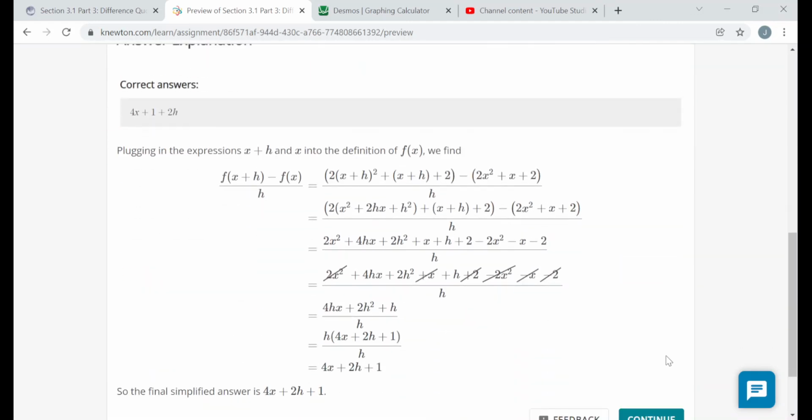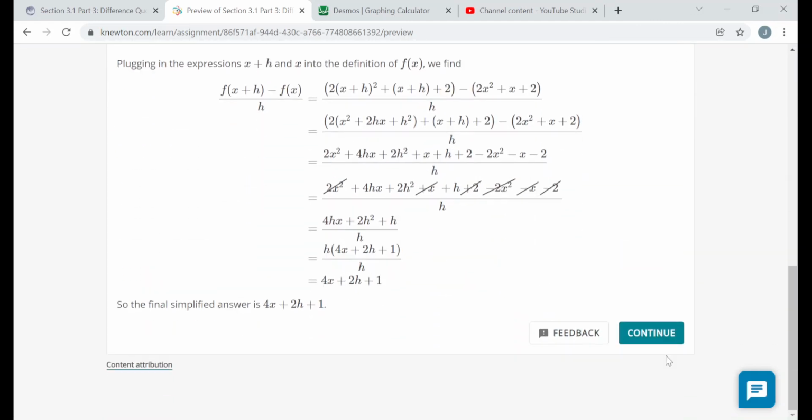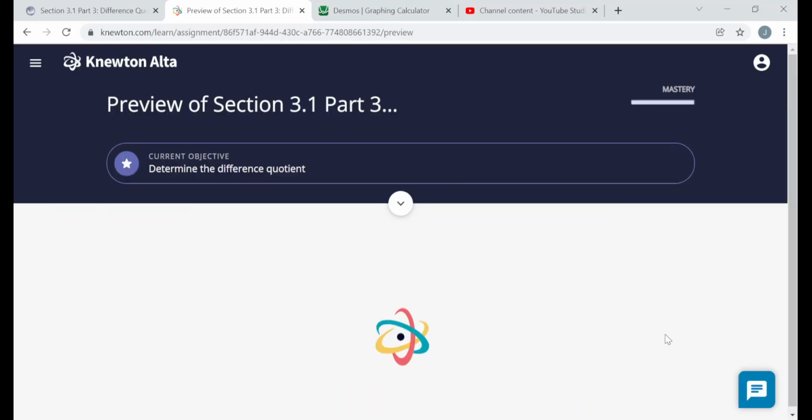Okay, and again, I know I went through pretty quickly there, but once you get the hang of these, they should all be pretty easy, especially if they're always a quadratic function. Should be pretty quick. And that should be it for the preview version of this assignment.